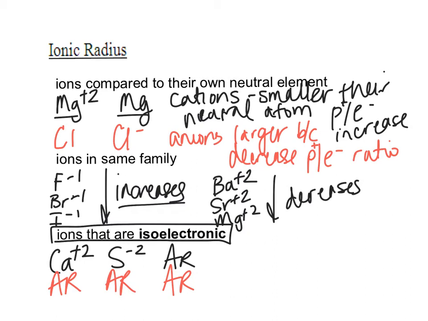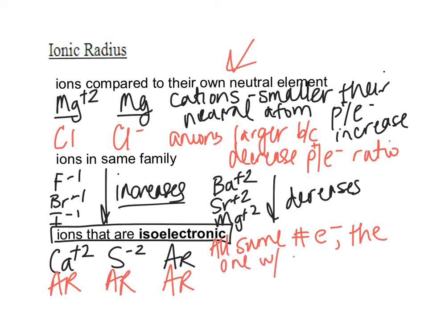When you're answering this, this is very, very important: you need to mention both protons and electrons. Just like I mentioned up here, protons and electrons both have to be referred to. So we would say something like, since these all have the same number of electrons, the one with more protons has the smallest radius.